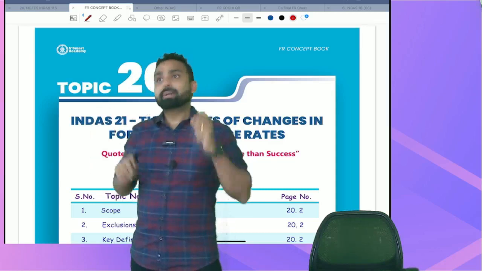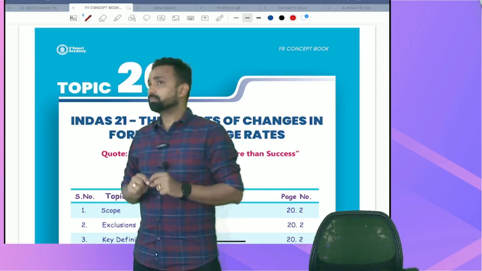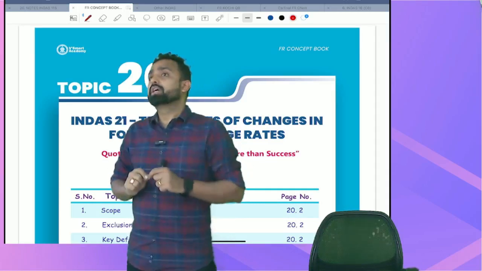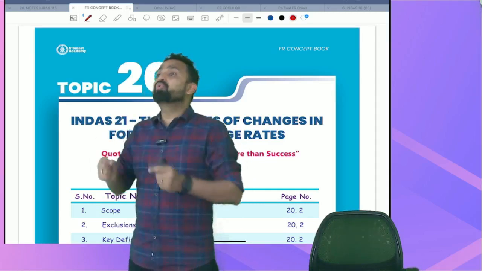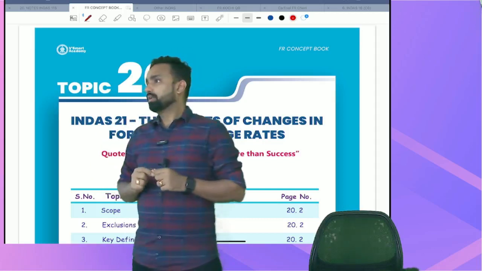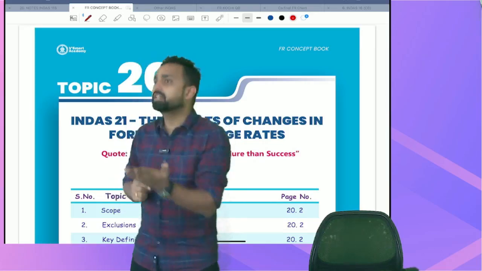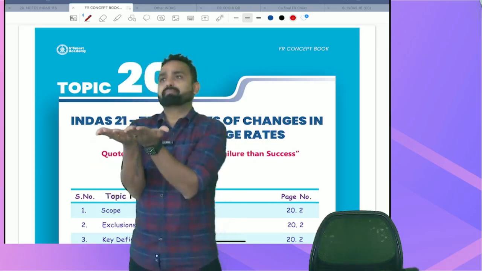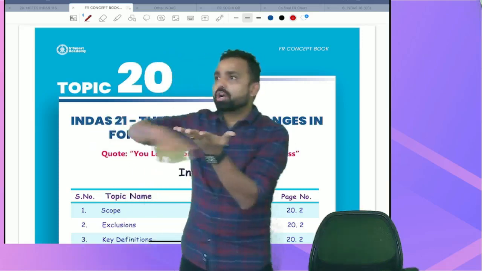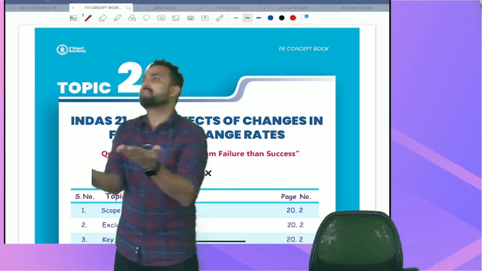The third one, presentation currency. The presentation currency is the currency in which you present your financial statements. Now, 99% of the time, the functional currency and the presentation currency are the same. Because you are running your business in the functional currency, you will definitely present your financial statements in the same currency.